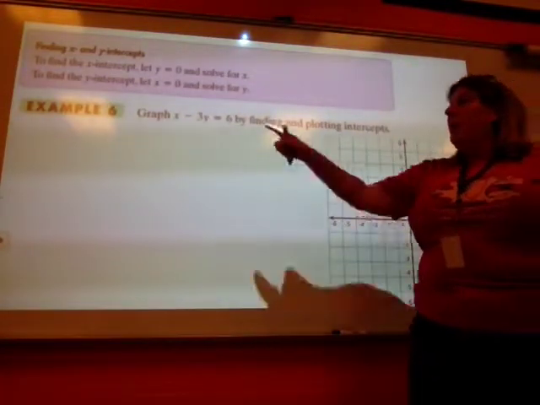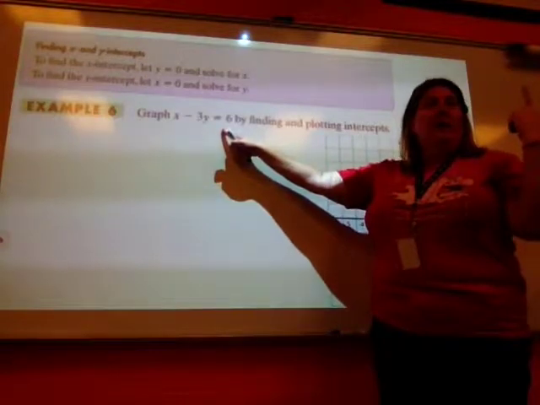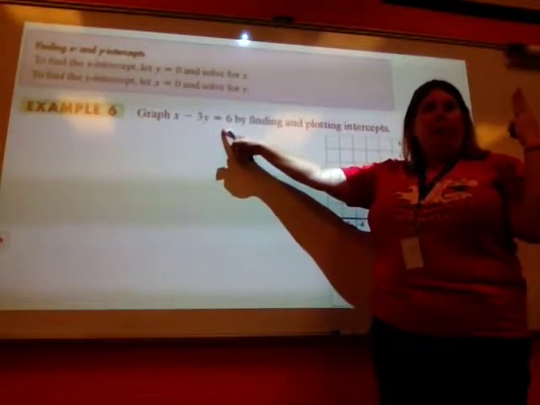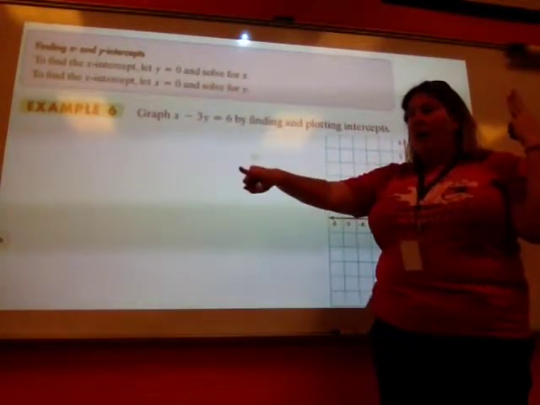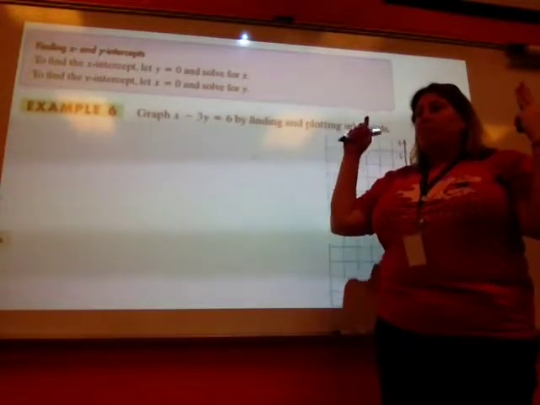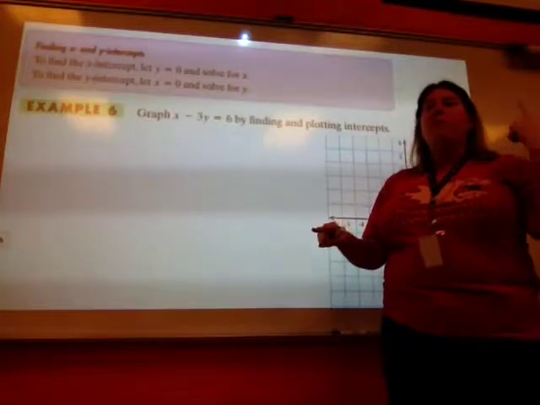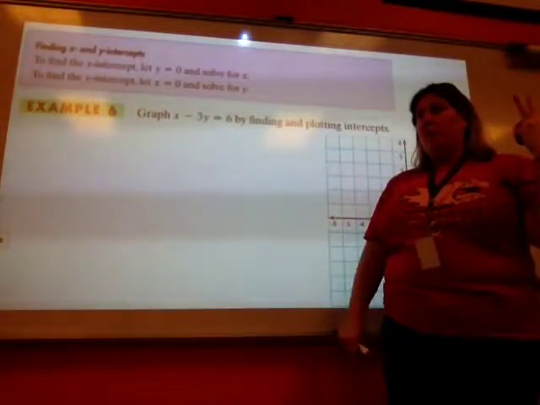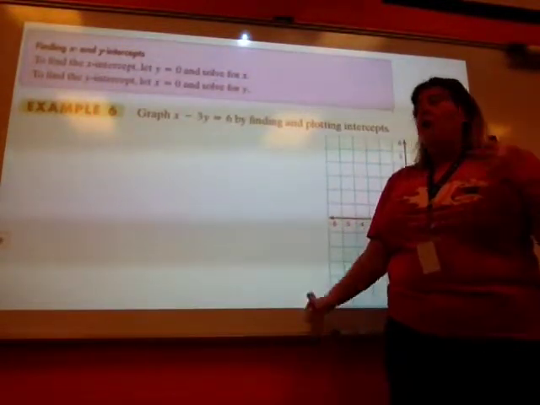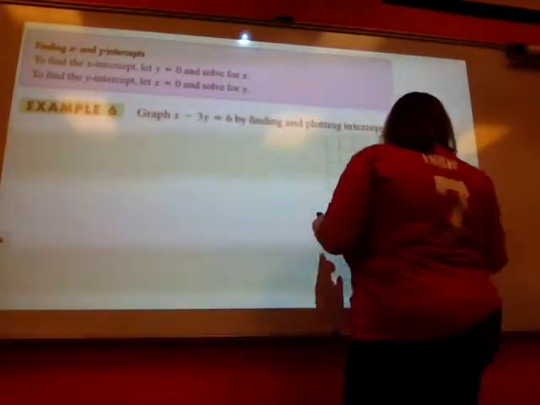Is it going to be a diagonal line, a vertical line, or a horizontal line? Diagonal, because it has both variables. So is it going to be 1 intercept or 2 intercepts? 2.